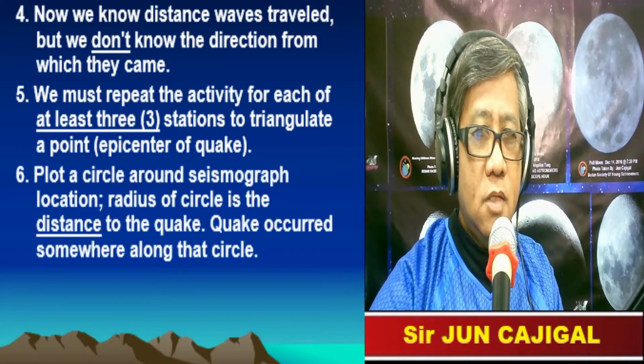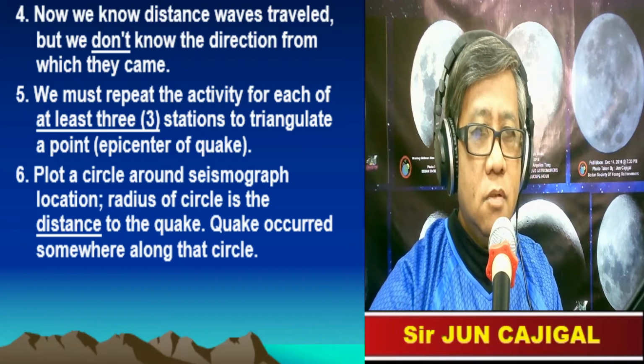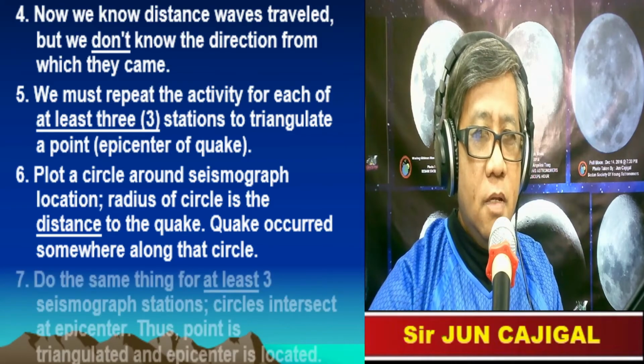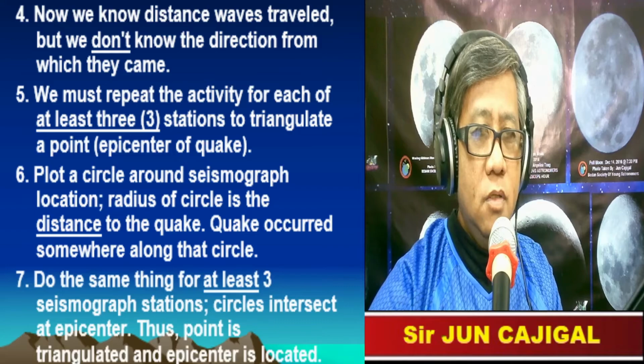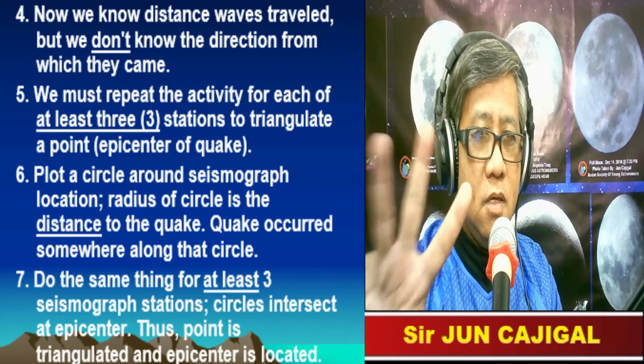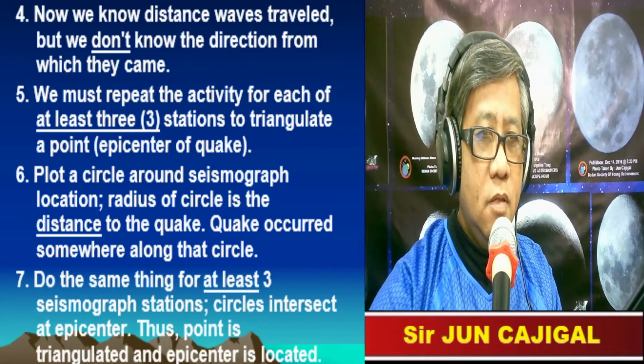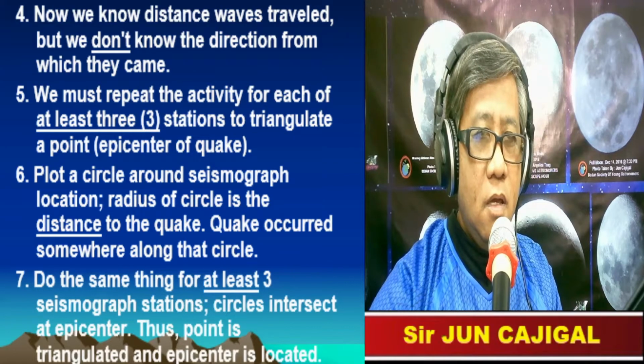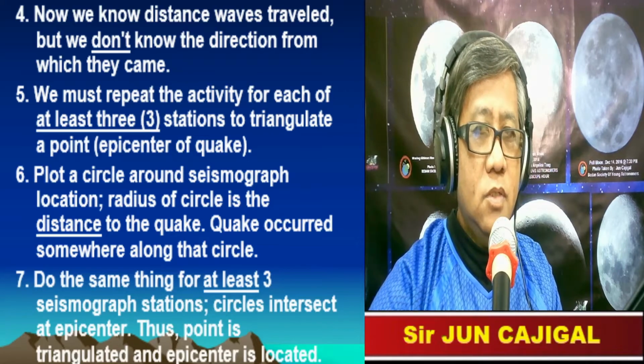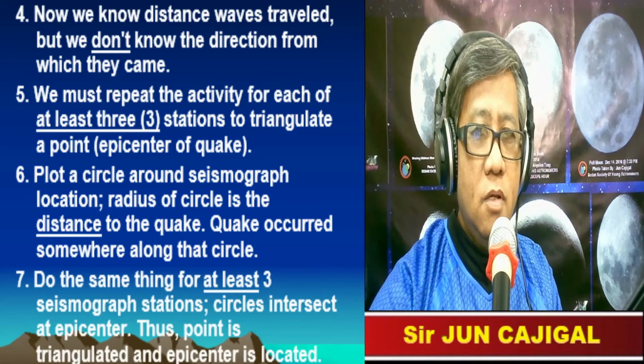The seismologist will plot a circle around the seismograph location. The radius of that circle is the distance of the epicenter. Then, the seismologist will do the same thing for at least 3 seismograph stations. Then, the circles will intersect at the epicenter. This method is what we call triangulation.